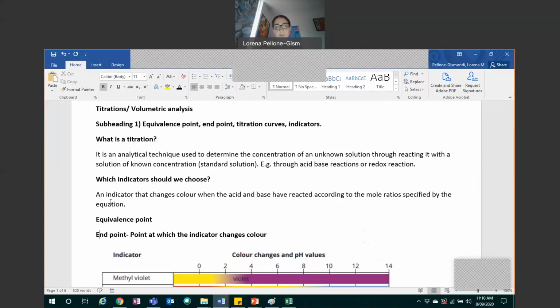The equivalence point is when the mole ratios have reached equivalence. Doesn't mean that they're equal, because it could be a 2-to-1 mole ratio.